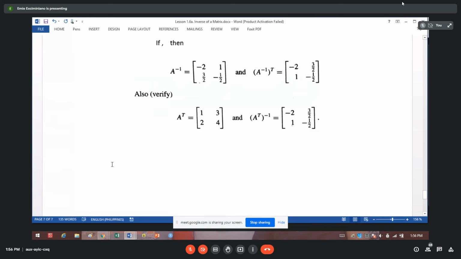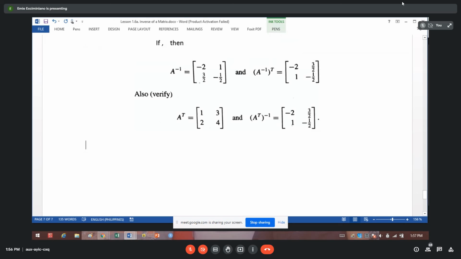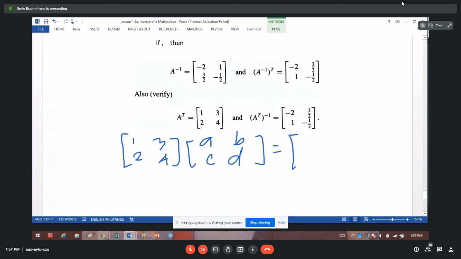Thank you. So, paano kinukuha itong inverse nito? Okay, let's use blue. Diba? 1, 2, 3, 4 times A, B, C, D. Tama ba yung aking notation? Equal sa 1, 0, 0, 1.